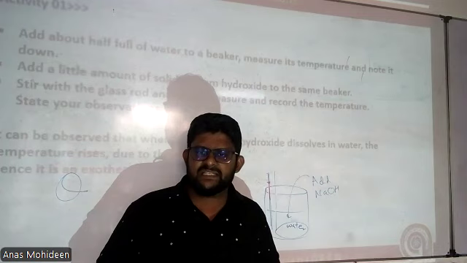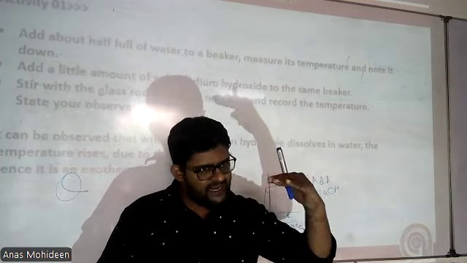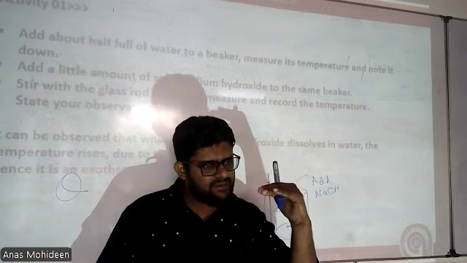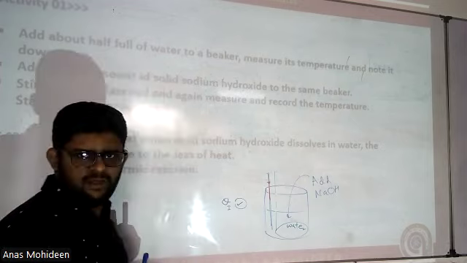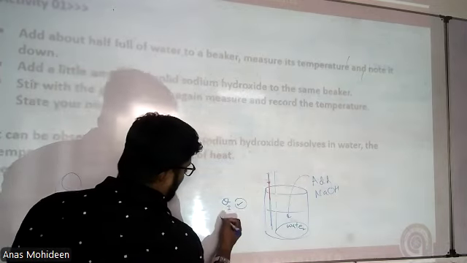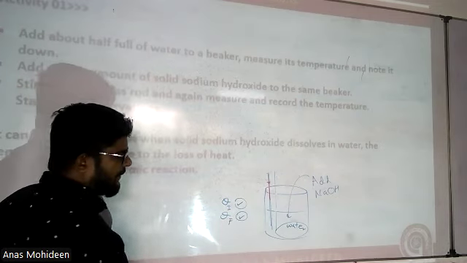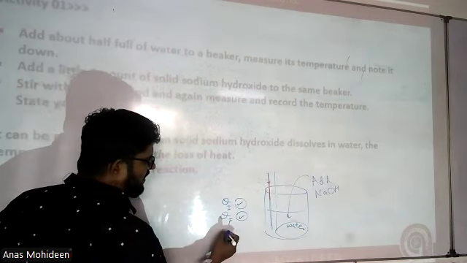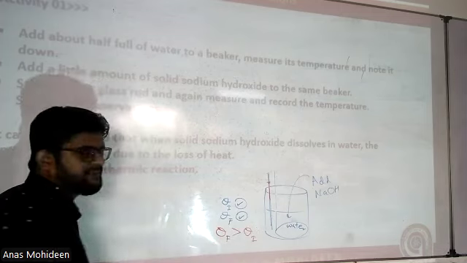How do I measure the maximum? I keep observing where it stops. After a while, it comes to a maximum amount and no more change afterwards. That is the maximum. So I record the final temperature also. Now I could see this final temperature is greater than the initial temperature.